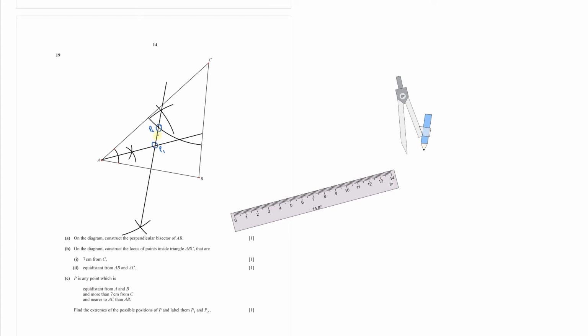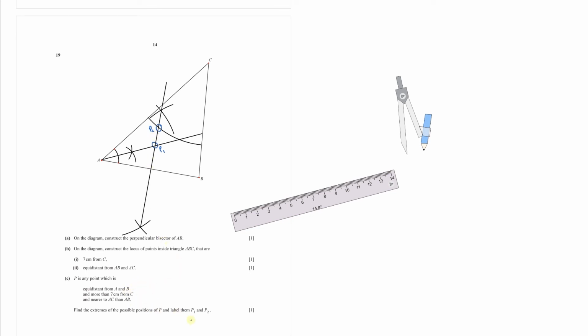So all the points in between this intersection here, between the arc and the perpendicular bisector, and this intersection here, between the angle bisector and the perpendicular bisector. So your point P can lie anywhere in between these 2 points, P1 and P2. So P1 is the lower extreme and P2 you can call the upper extreme. So the point P lies on this line between these 2 intersection points, which you have labeled P1 and P2, which are the extreme ends of this.